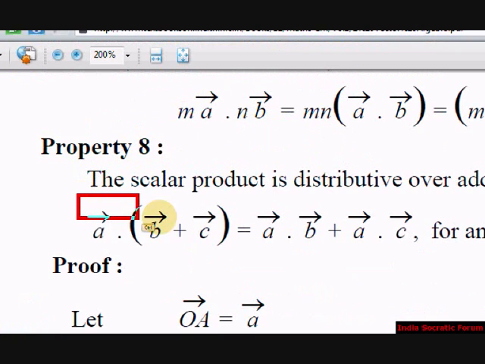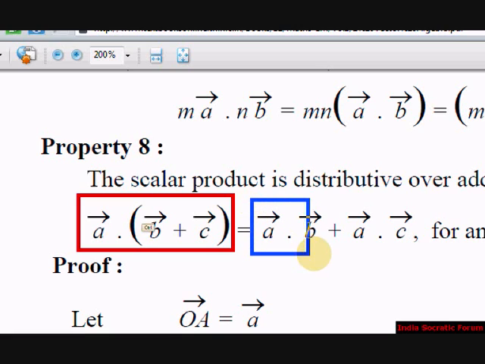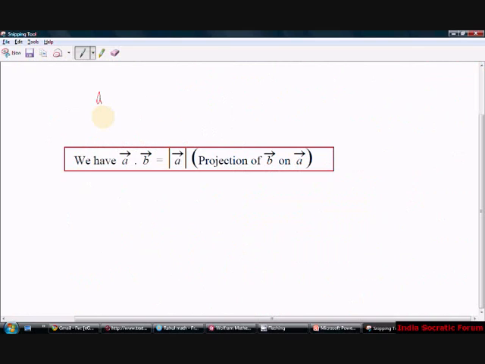So we need to find three things: A vector dot B vector, A vector dot C vector, and A vector dot (B vector plus C vector). We will take one after the other. So first step is A dot B vector. What is the formula? Modulus of A vector into modulus of B vector into cos theta.